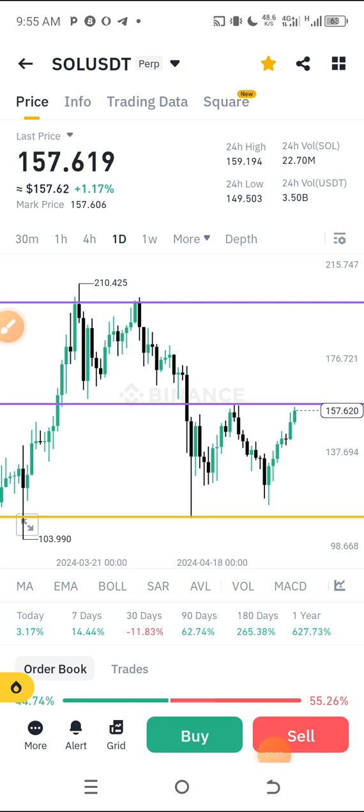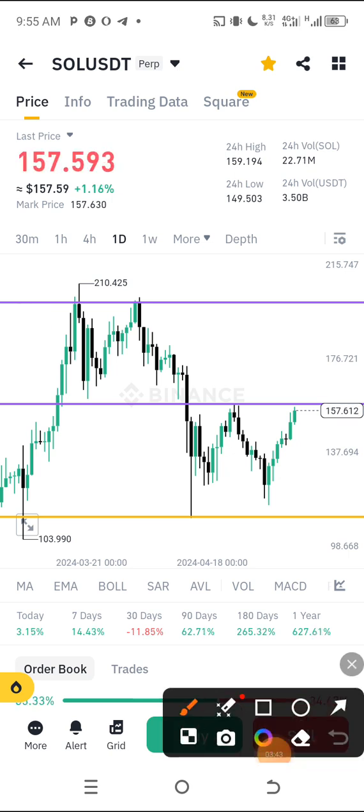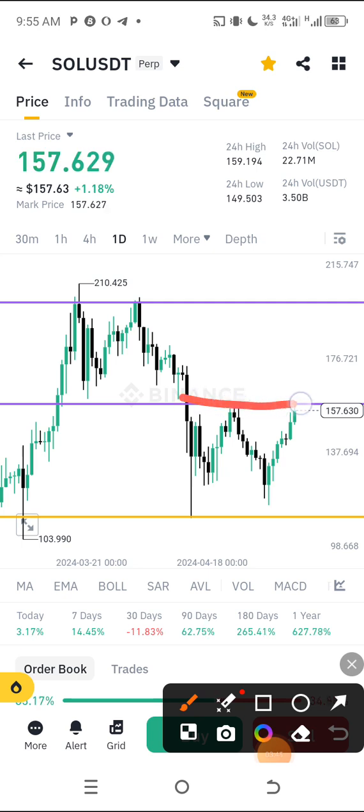One thing we have to know here is that on the daily time frame, the price first rose to that point and then it was pushed down, so that tells us there's a strong resistance at that particular area. The price is moving to that direction again.